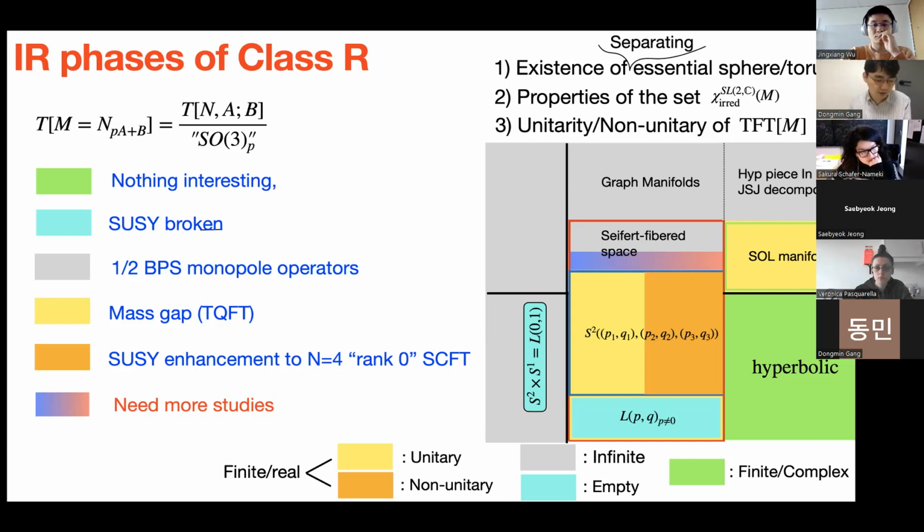So yeah, I'm a little surprised that this need-more-studies part doesn't extend to graph manifolds, because I thought graph manifolds are actually much more complicated in general than just Seifert fibered. Graph manifold covers all these pieces, and it contains some Seifert fibered and this one, and there's a lot of other types of manifolds, and for those classes we haven't studied much, and we need further study.